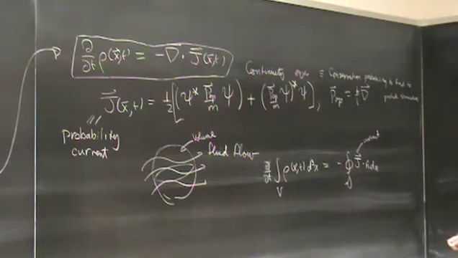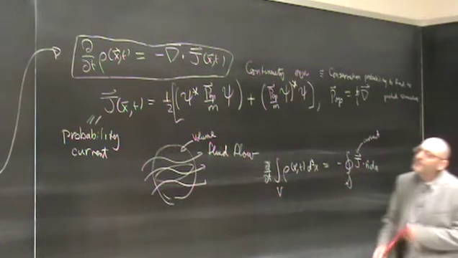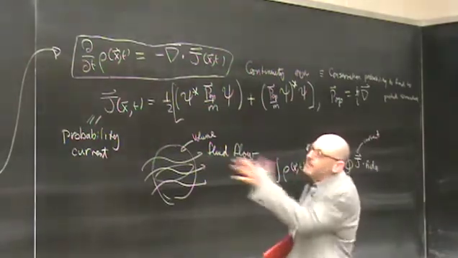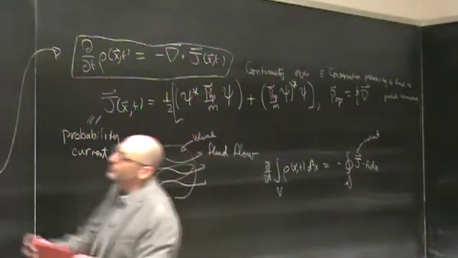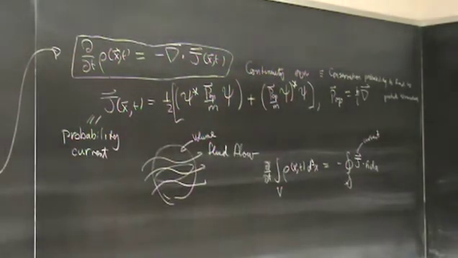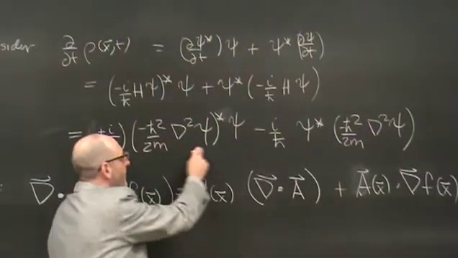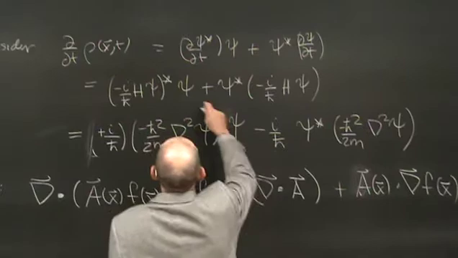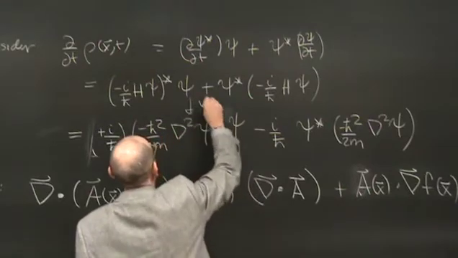Okay? And you notice that this came from the fact in the mathematics that the potential was real. If the potential had an imaginary part in it, if there was somehow a complex potential, then it wouldn't have canceled in this equation. So we got from here to here because V is real.